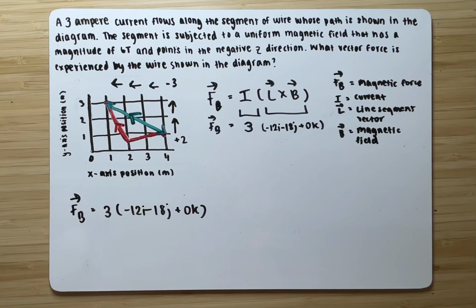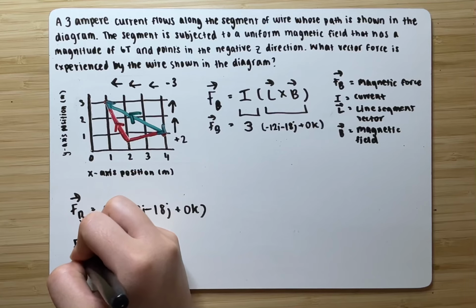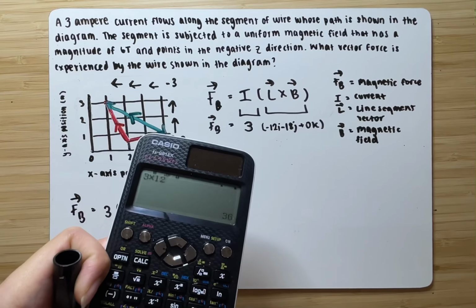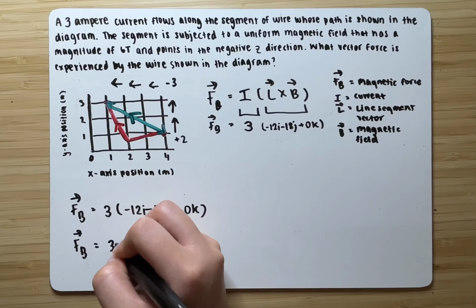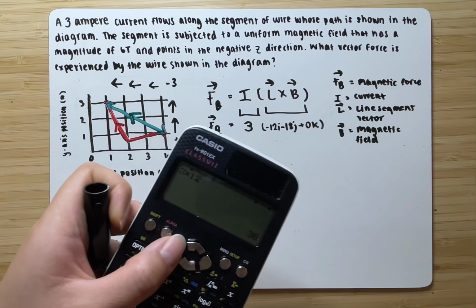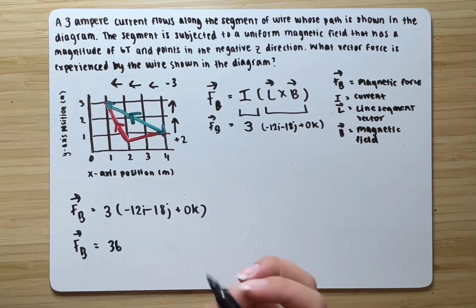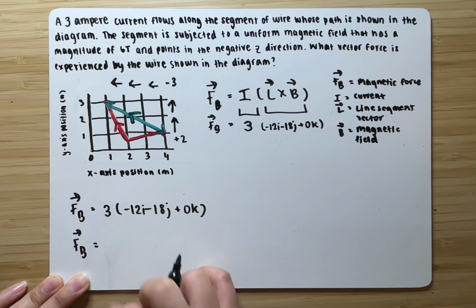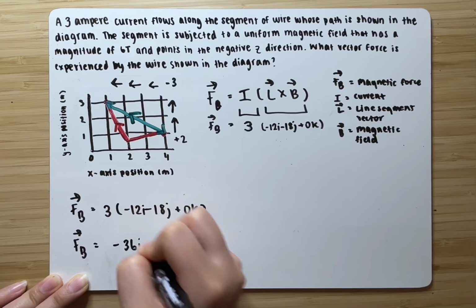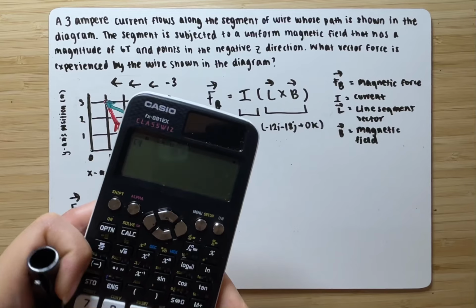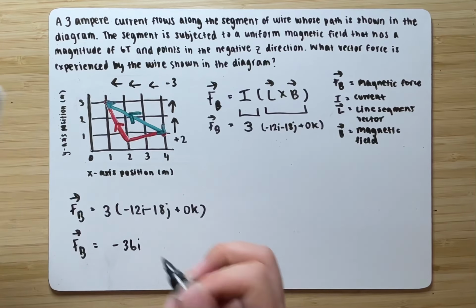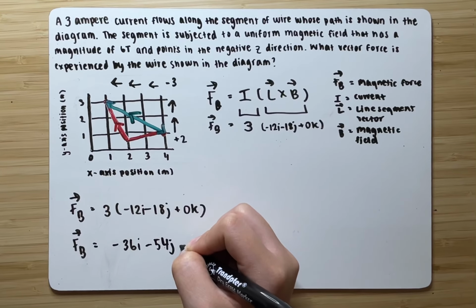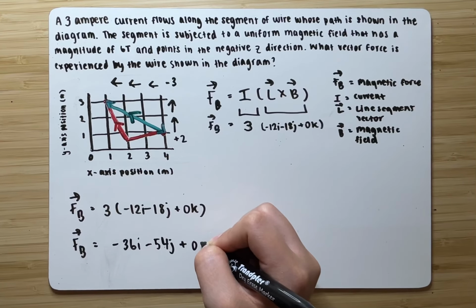The magnetic force is going to be equal to 3 times -12. 3 times -12 is -36. Let me move this a little bit. -36i. 3 times -18 is -54, minus 54j. 3 times 0 is 0, plus 0k.